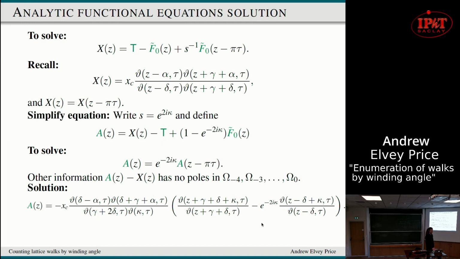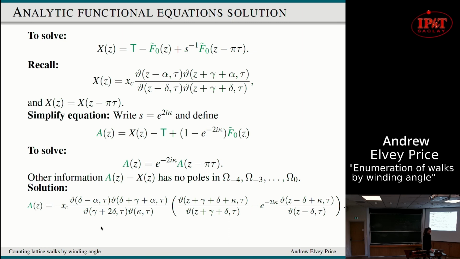And we can solve that exactly in terms of theta functions. So this equation is satisfied by both this bit and this bit, and the sum of them, and this factor here are just to deal with details about what we can prove about the poles of these functions using the functional equations.